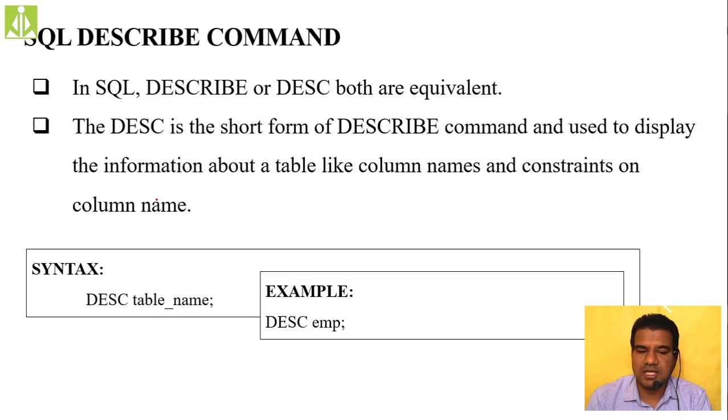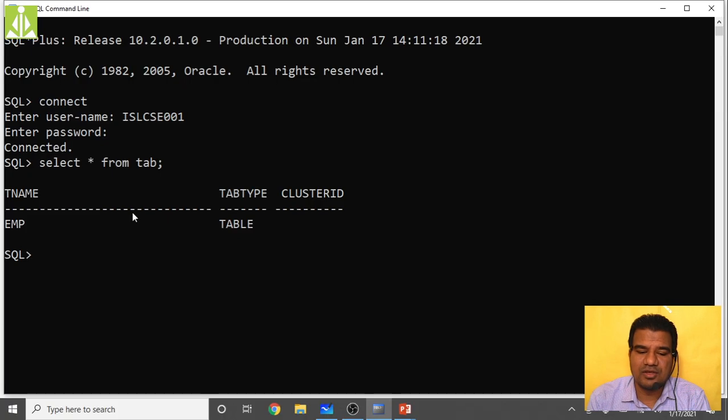The next thing is describing a table. We use this to know how many fields we have inside a table. When you say select star from tab, it is listing only the name of the table. It is not giving the internal content.